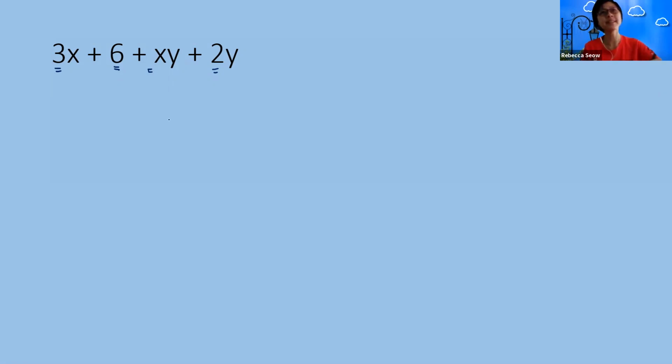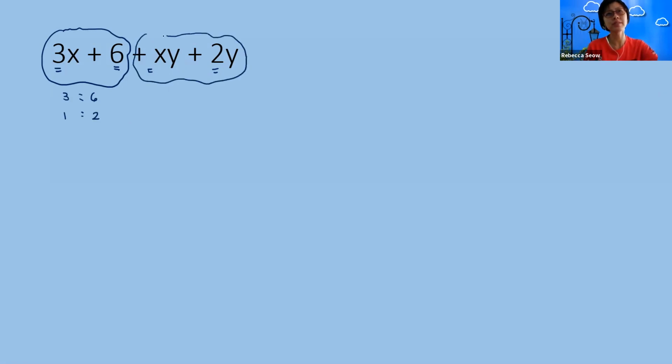For example, if I want to group 3x and 6 together into one group, the ratio of my coefficients is 3 to 6, and that reduces to 1 to 2. And if I want to group plus xy and plus 2y together, my coefficient ratio will be 1 to 2.